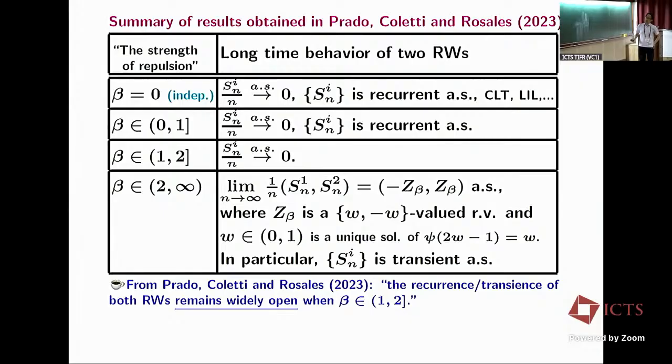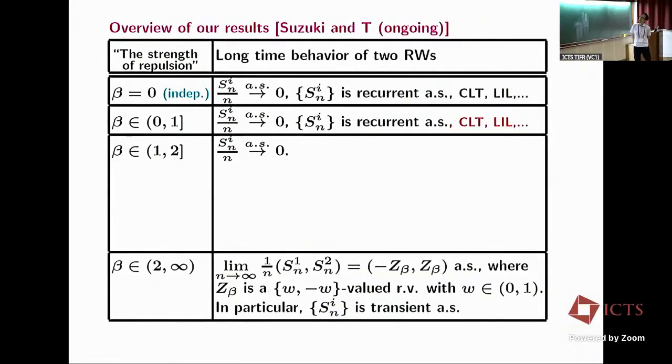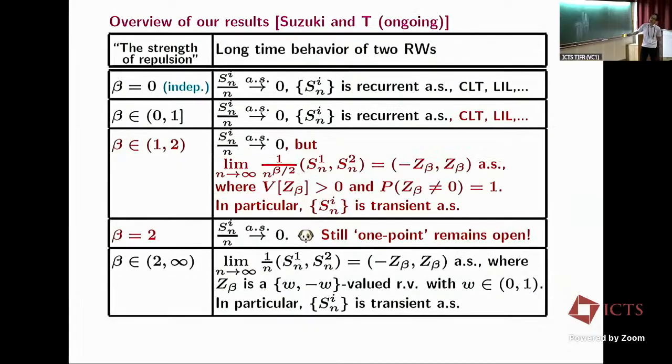This is an overview of our result. First, we obtain CLT and LIL, missing in this regime. How about the intermediate regime? For this case, we obtain such a result. If beta is strictly between 1 and 2, then we can prove transience for the process.